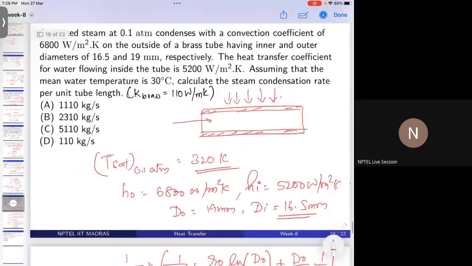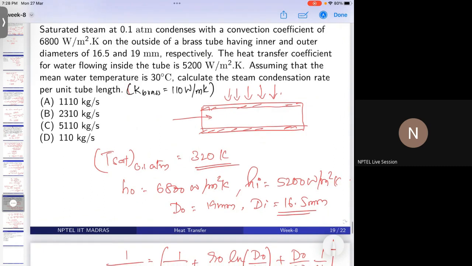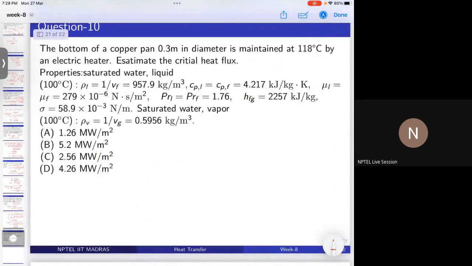The only task here was to find the saturation temperature of steam at 0.1 atmosphere, and also the latent heat at these saturation properties. Next is a simple conduction equation. We already discussed several similar kinds of questions during the initial sessions. Now we will go to the next question.